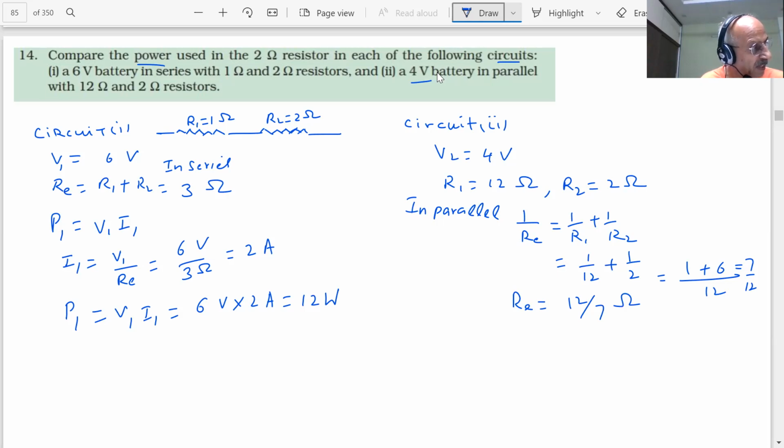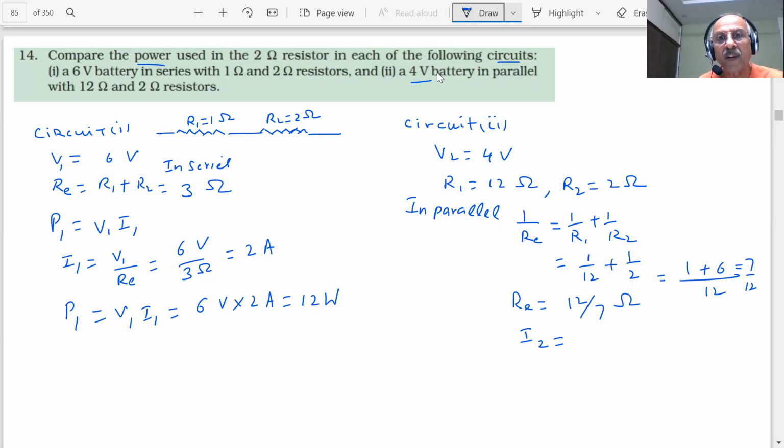What will be the value of P2? Then what will be the value of I2? What will be the value of I2 here, student?